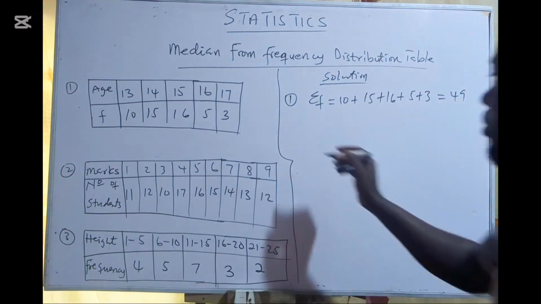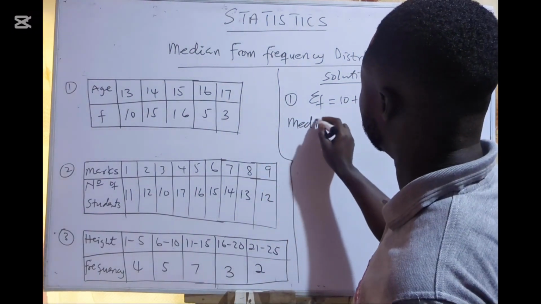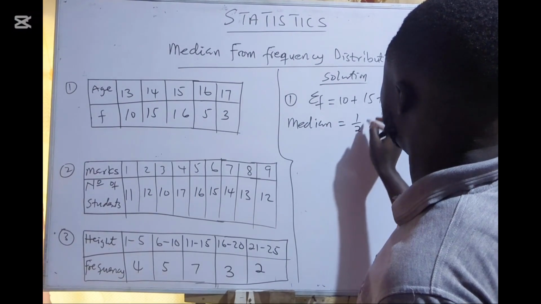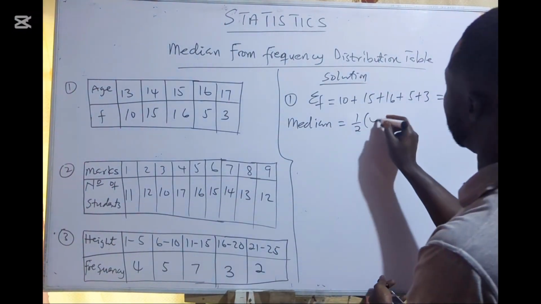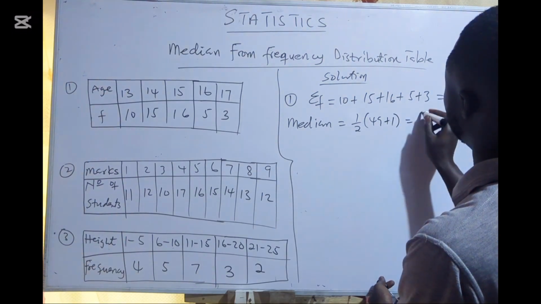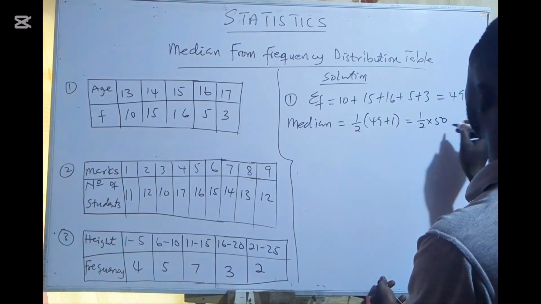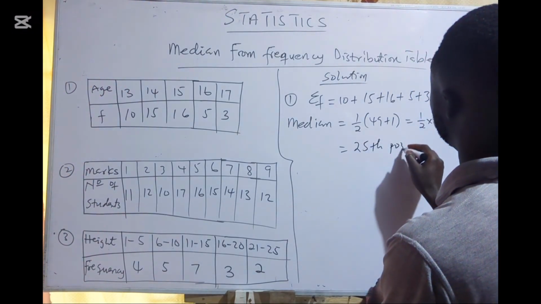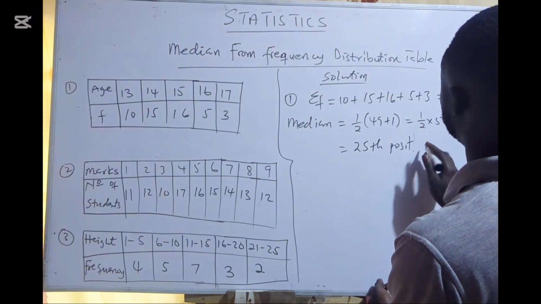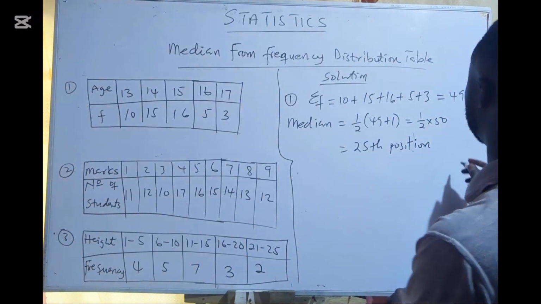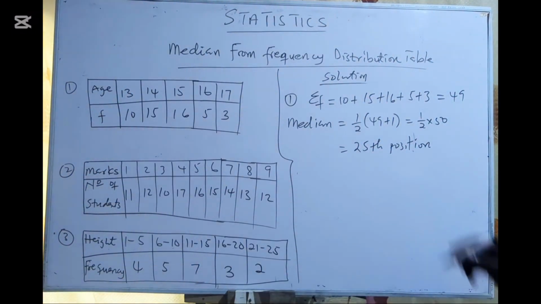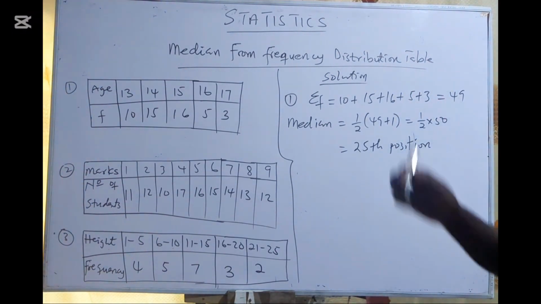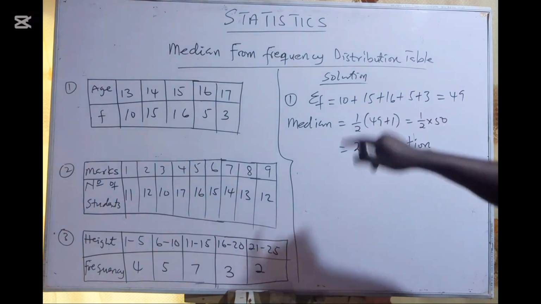So our median becomes half of 49 plus 1. 49 plus 1 is 50, and half of 50 gives us 25. So the 25th position. Our median is the number in the 25th position.